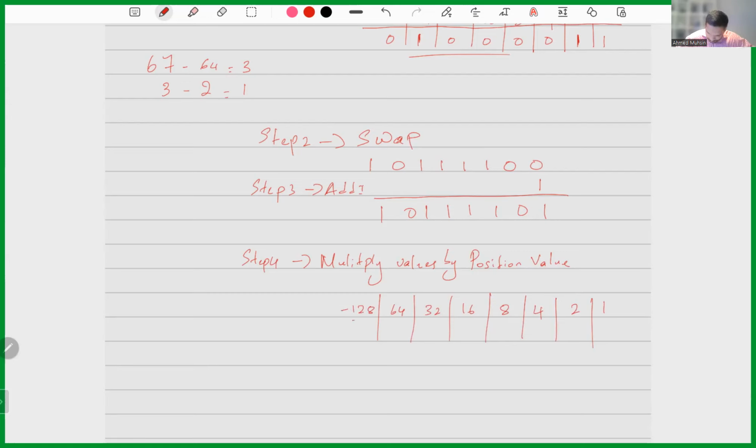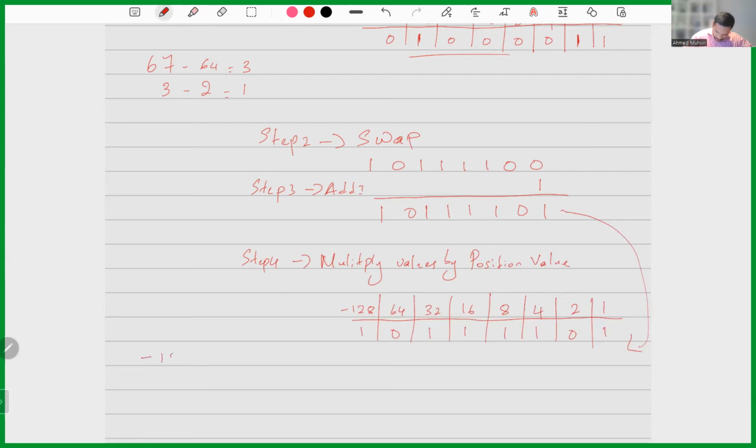Let's put a line here, and I'm writing the value over here: 1 0 1 1 1 1 0 1. Now we multiply the value by the position value. Initially we have 1 times minus 128, which is minus 128.